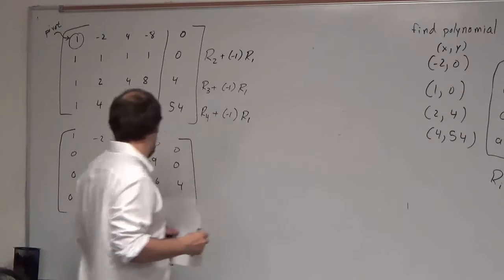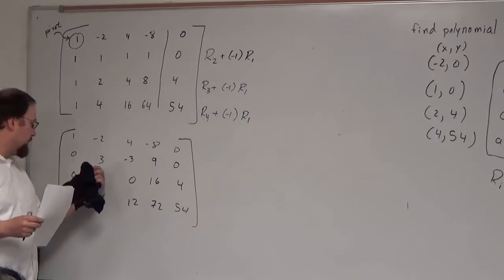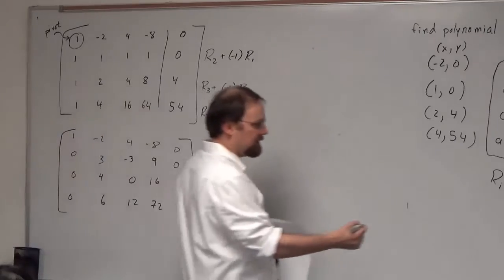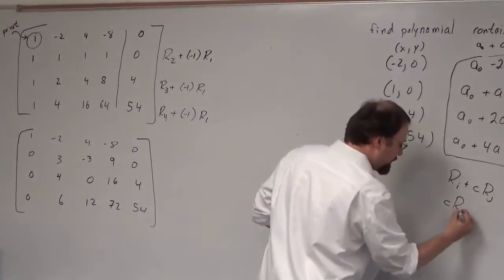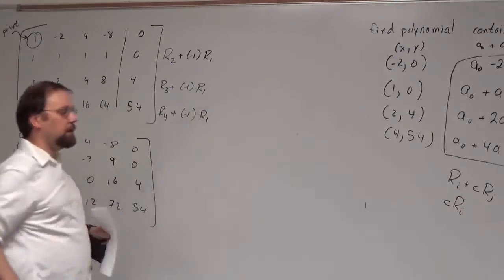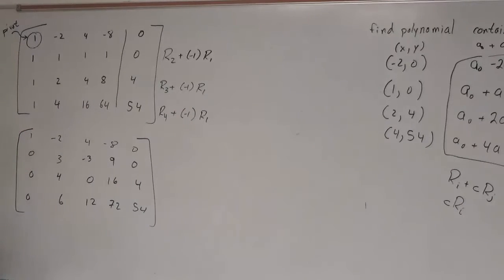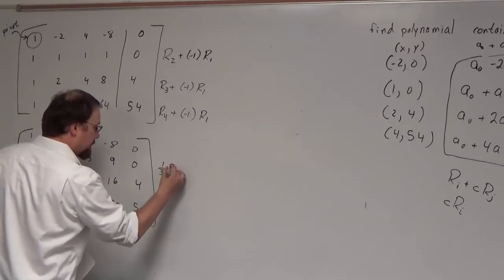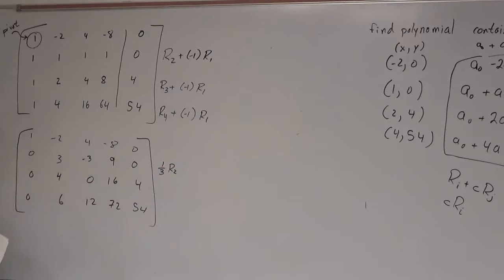But if that doesn't work, as long as this number is non-zero, I can use the second type of row operation that I wrote down, namely scale a row by a non-zero number. So you ask yourself, what do I need to multiply 3 by to get 1? 1/3, its reciprocal, right? So we should multiply row 2 by 1/3 to get a 1.